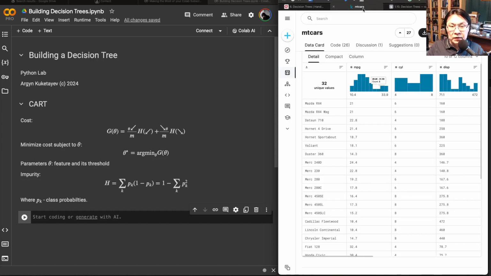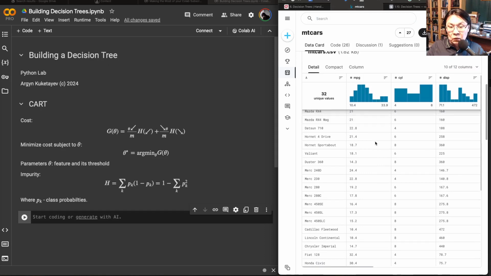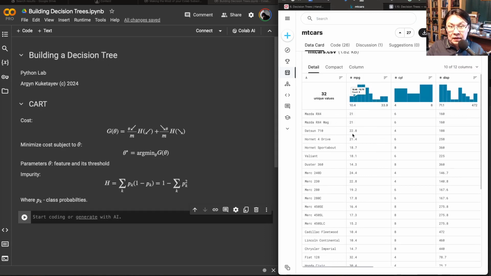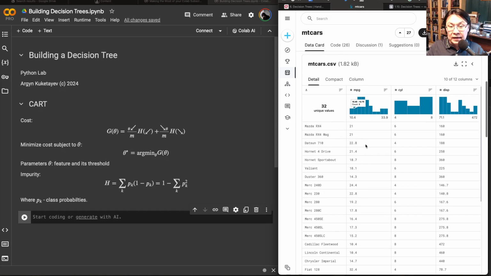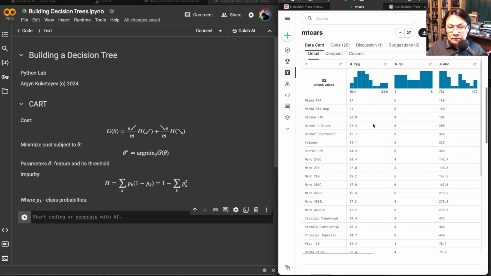Think of this: we have an mtcars dataset, and we want to split it into two parts, like in the very beginning, using maybe the MPG column, or any column, it could be MPG, displacement, or whatever. So we will be using one of these columns and splitting it based on the threshold. Say the threshold is 22.